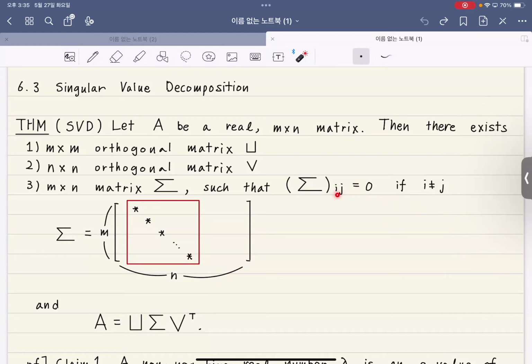The ij component of this matrix sigma is 0 if i is different from j. Therefore, the possibly non-zero entries of this matrix sigma are these diagonal entries, which may or may not be 0, but all the other entries are automatically 0. In this sense, I say sigma is an almost diagonal matrix.